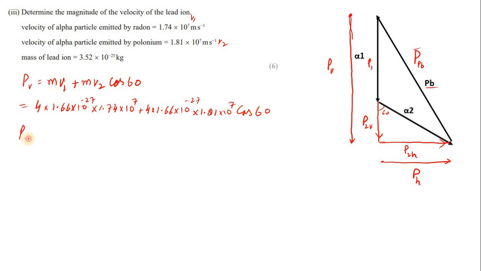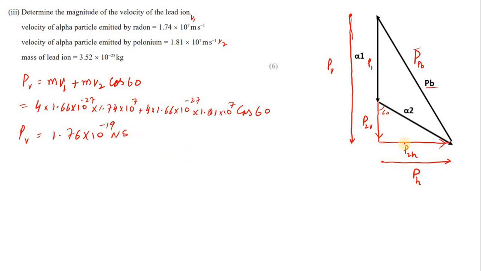You solve this and you have PV, the total vertical momentum. Using your calculator, 1.76 times 10 to the power minus 19 newton seconds.